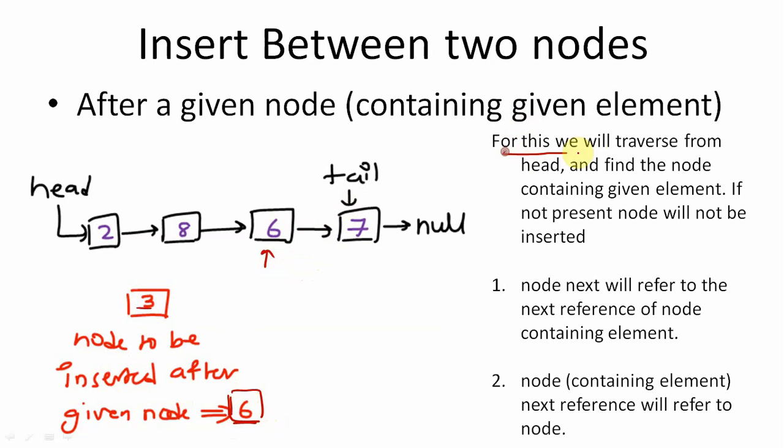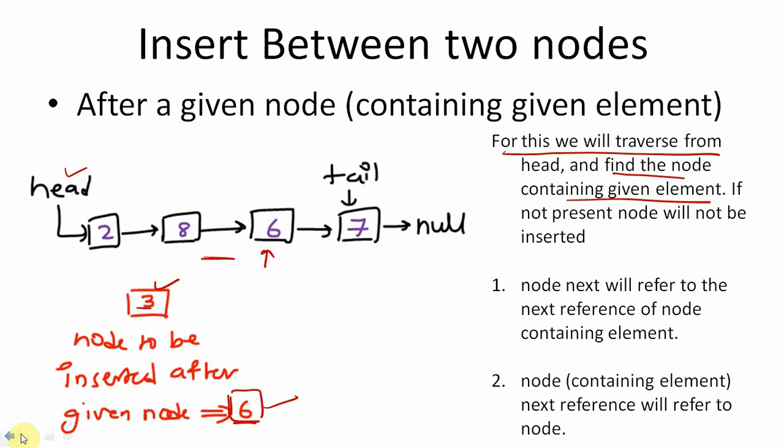For this, we have to traverse from head. We have to start traversing from the head and find the node containing the given element. If not present, the node will not be inserted. If 6 is not present in this list, I cannot insert this particular node into the linked list.